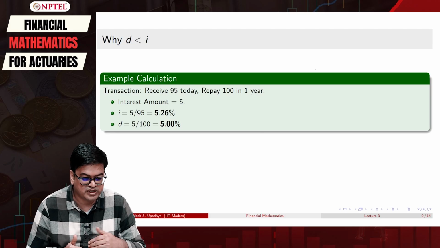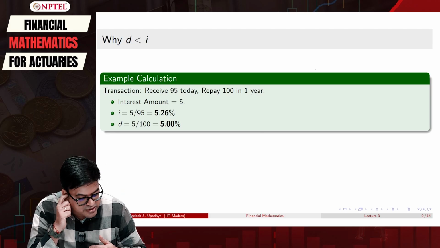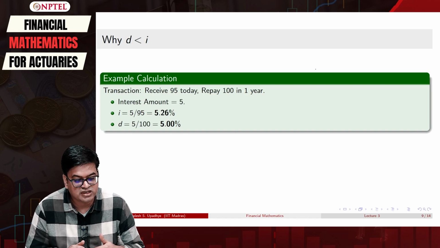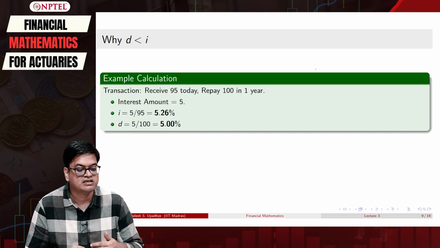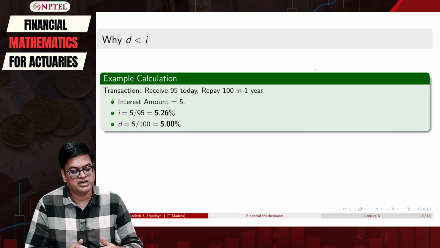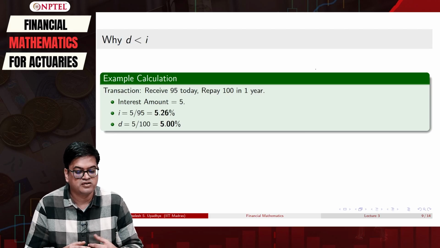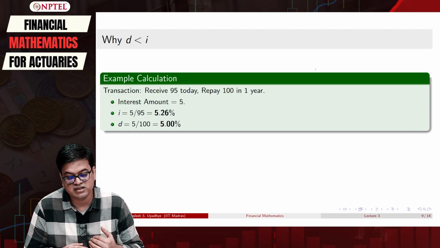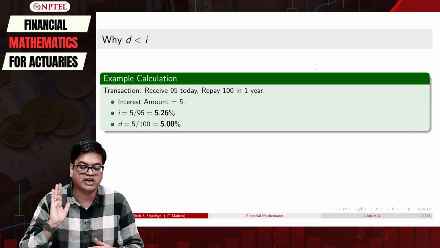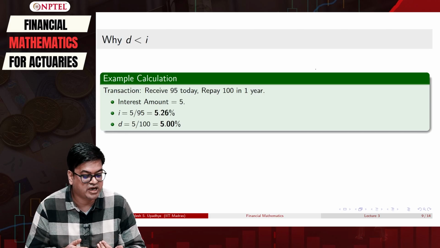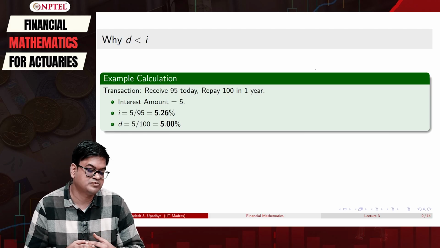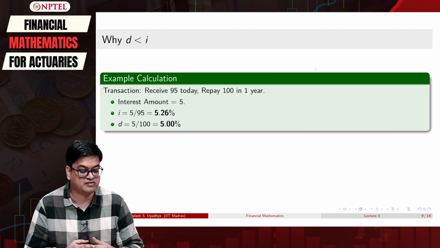However, if you divide it by the appropriate denominator, which is A0, at this point 95, so 5 divided by 95, you are actually paying 5.26% interest. If you look at the discount factor, you look at the end capital, and 5 by 100 will give you 5%. So that's the difference between interest rate and discount factor.